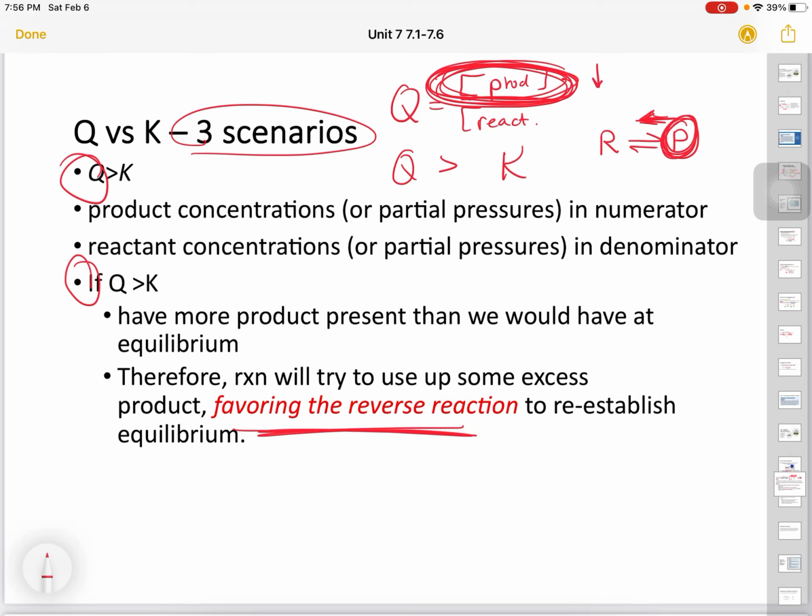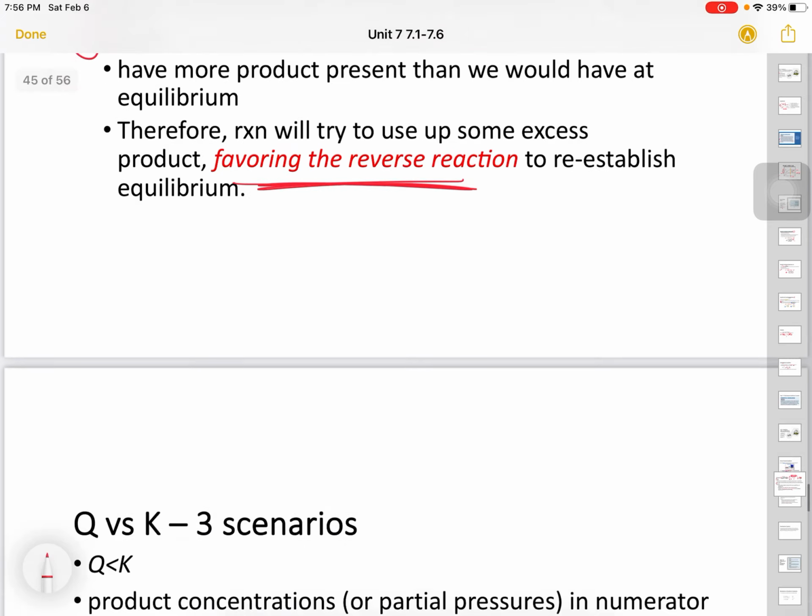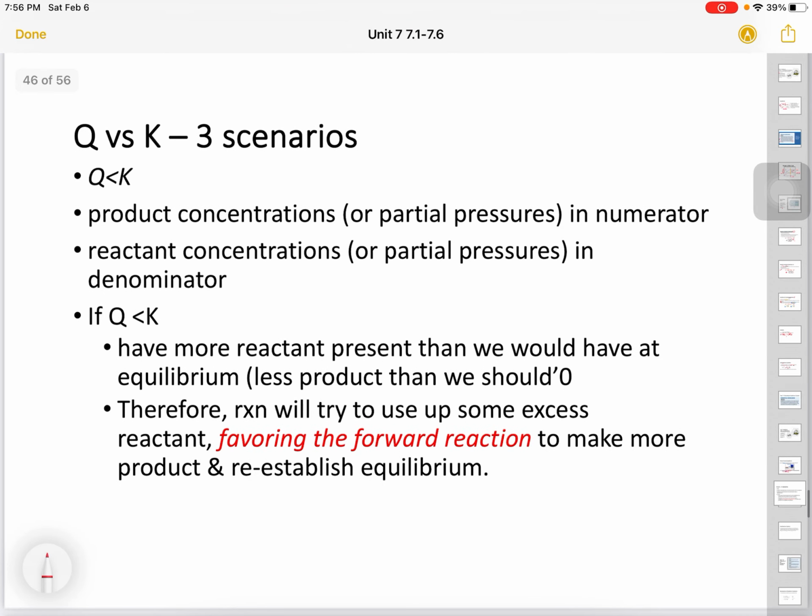I have to reduce the quantity of product and therefore raise the quantity of reactant to hit equilibrium for that system. It's really important that you understand how to compare Q versus K, all right? And I'll give you what my tiny lizard brain uses to help me out when I'm done going over this. The second scenario would be if Q is less than K.